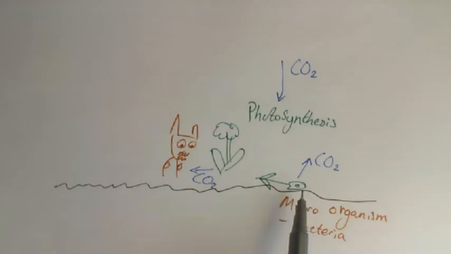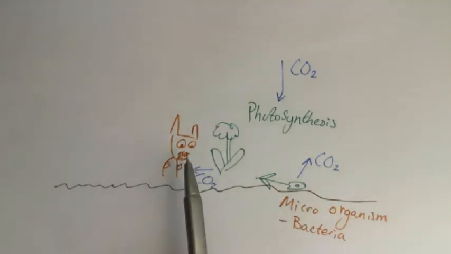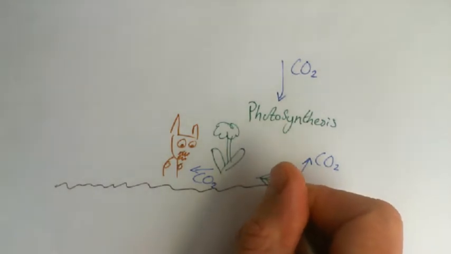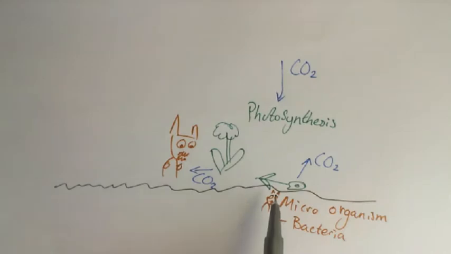It's exactly the same as being eaten by an animal, except instead of being eaten by a big animal, you're being eaten by a very small animal. But it's the same process.